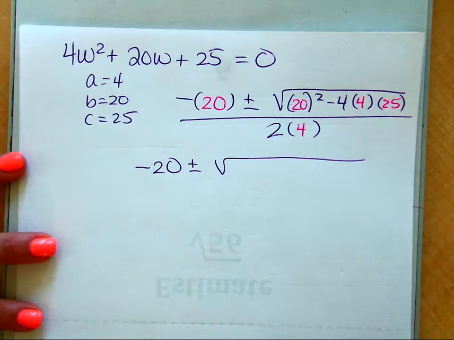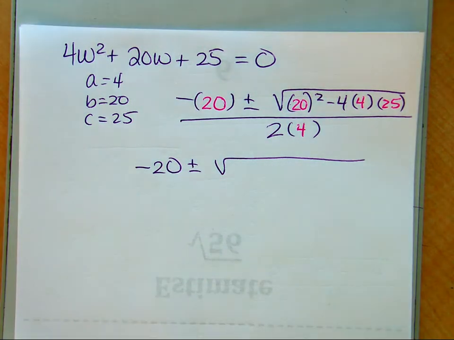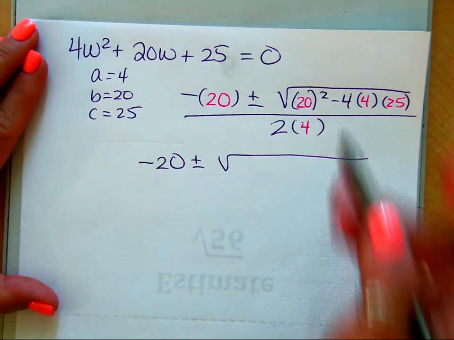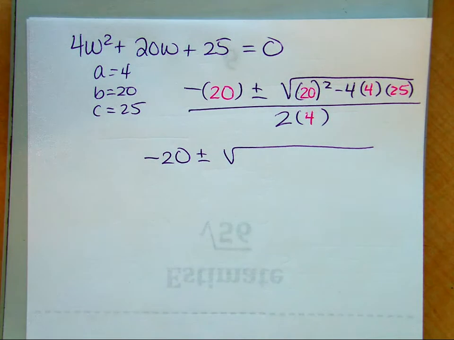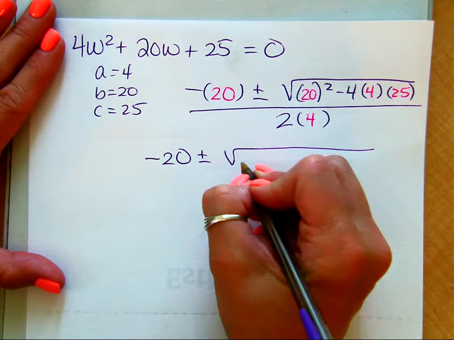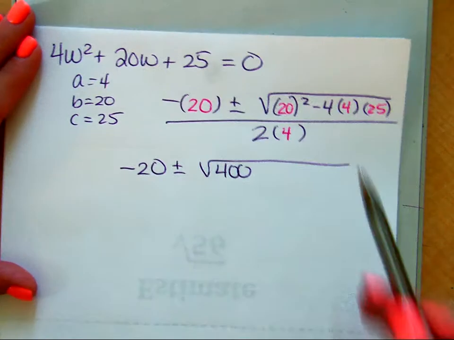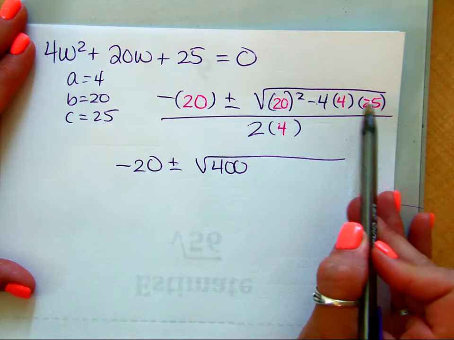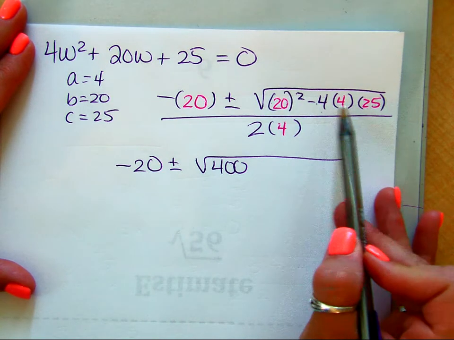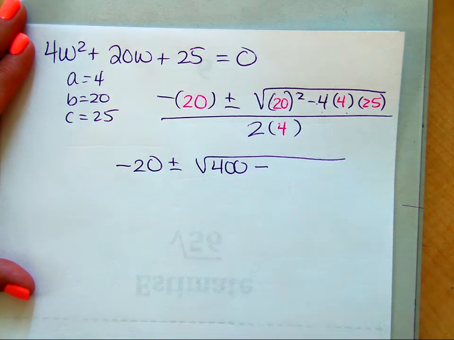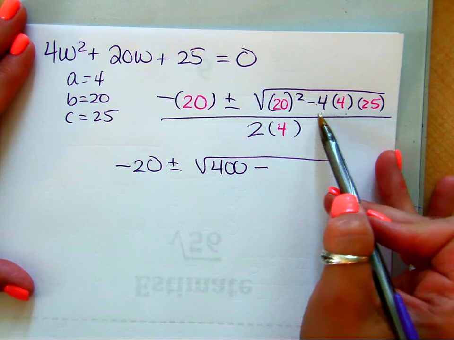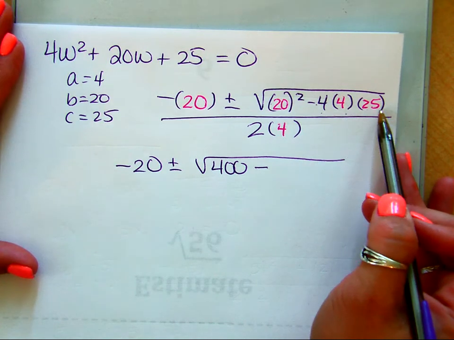Okay, this discriminant is going to tell us a lot of information. 20 times 20 is the same as 2 times 2, which is 4, with 2 zeros. I have one negative, so I know that this is going to be a negative times a positive, which is a negative. I'm not going to do 4 times 4 and get 16 and do 16 times 25 because I can't do that in my head.